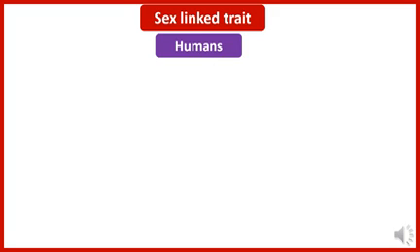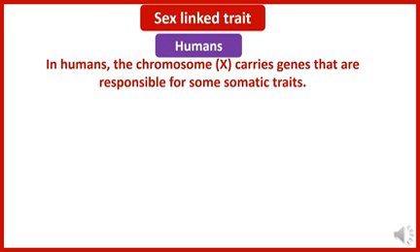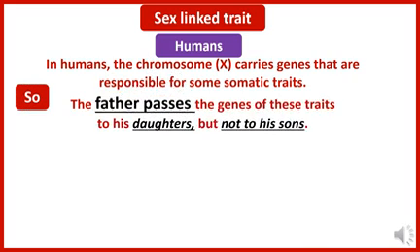In humans, as we said, the X chromosome carries the genes that are responsible for some somatic traits, like the four examples that we have mentioned. So in this case, the father will pass these genes to his daughters only, but not to his sons.